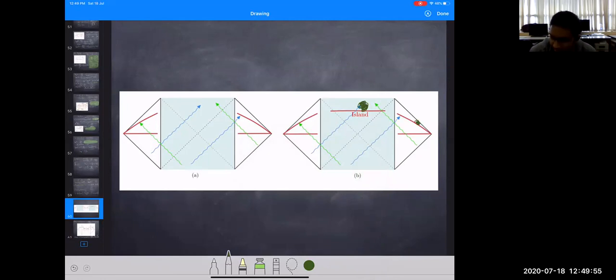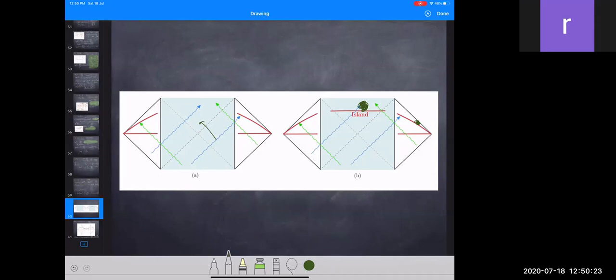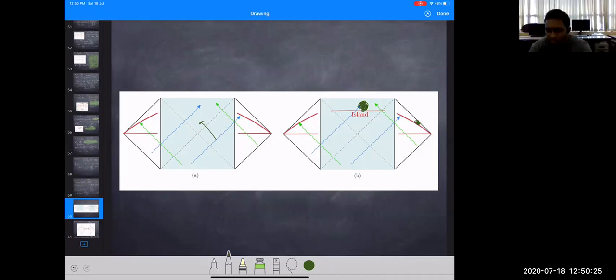And that can only happen at late times. It can't happen in early times. Why? Because the entanglement wedge of the radiation includes the island. But at early times, it's not there. So early times, if you throw in something, that is still with the black hole. But when the island appears, that's exactly when the information has escaped. In the sense, all the information that is supposedly in the island can be reconstructed from the radiation. So at late times, once you include this island in the middle, the ever-growing entropy stops increasing. It just becomes constant, at least in the eternal black hole case.